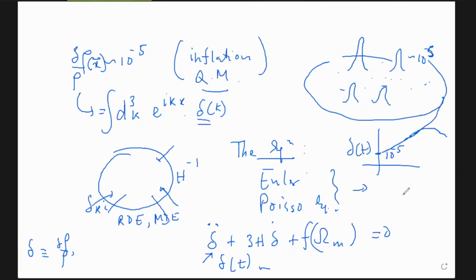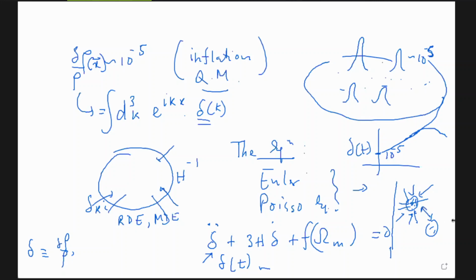Suppose this is delta t. If it grows, then it will collect more matter here, and the vacuum in between will become more and more vacuum. So void becomes more void and the structures start pulling more because they have more gravity.